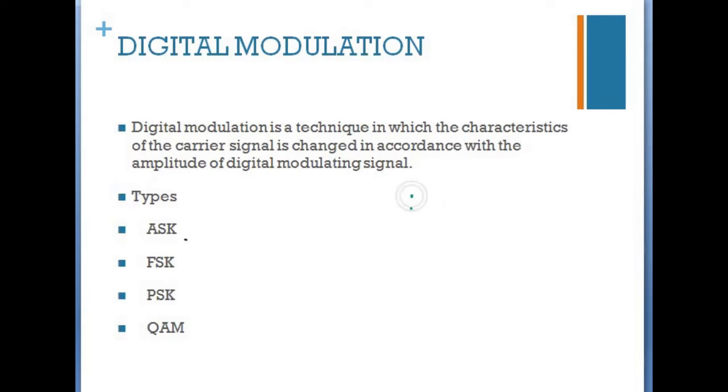The high frequency analog signal is like this. So there is a carrier signal and we have a digital modulating signal like this.